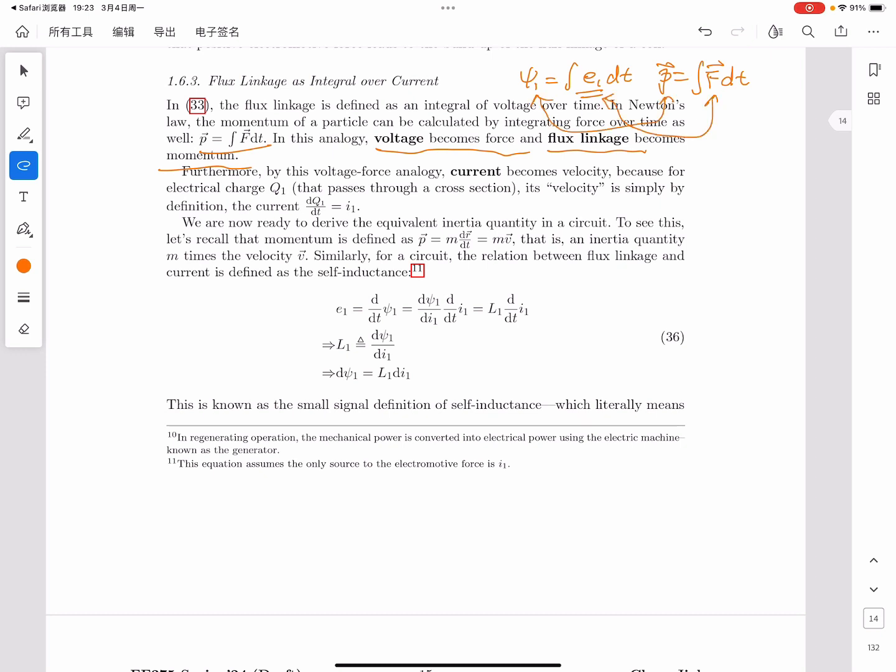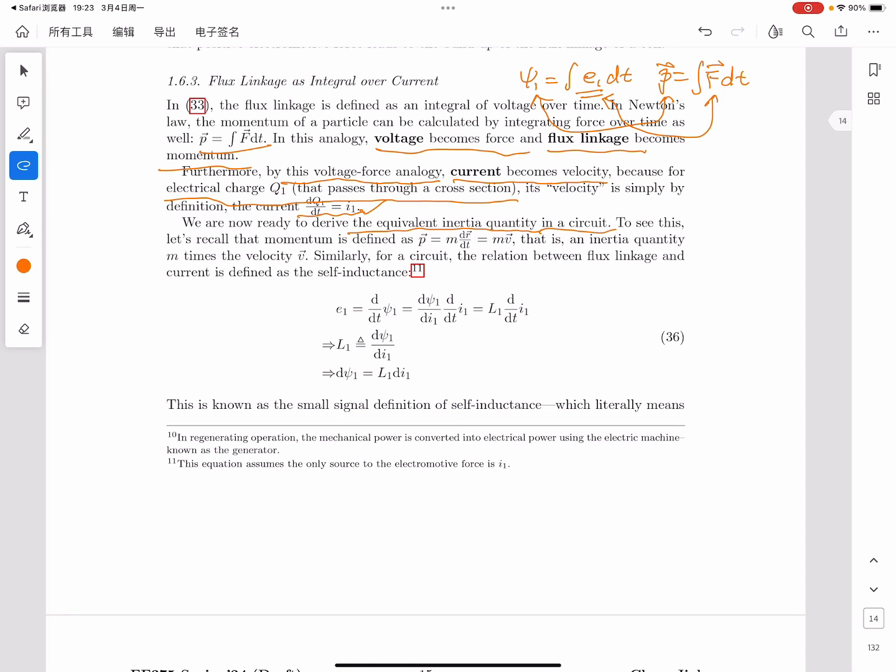So we call this analogy the force-voltage analogy, and in fact, current is analogous to velocity. And the electrical charge that passes through a cross section, if we take the time derivative of it, gives us the current I. Now we are ready to further derive the equivalent inertia quantity in a circuit.